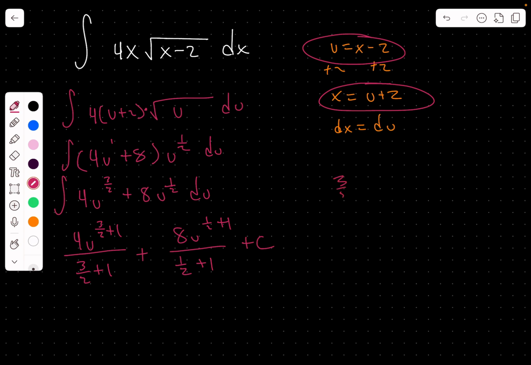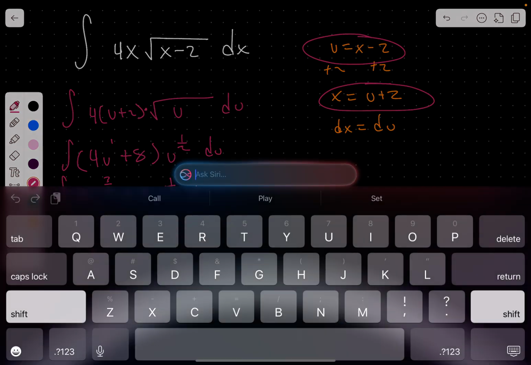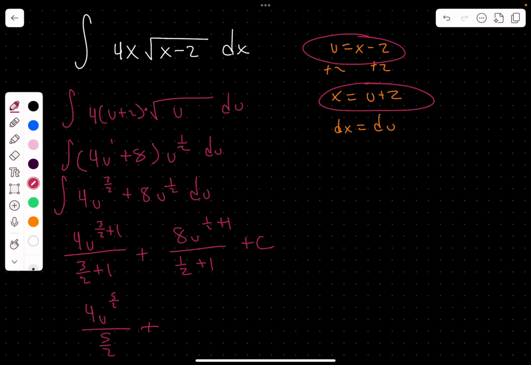Again, 3/2 plus 1 is 3/2 plus 2/2, which gives us 5/2. So here we have 4u to the power of 5/2 over 5/2, plus 8u, and 1/2 plus 1 is just 3/2, so to the 3/2 over 3/2, plus c.